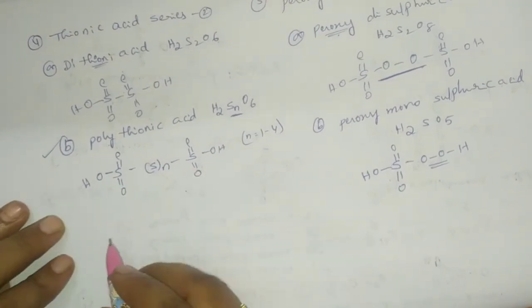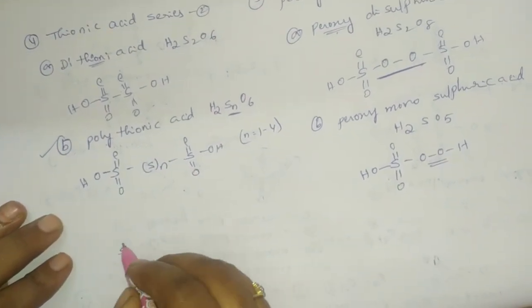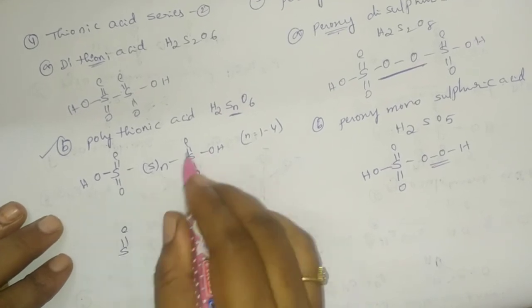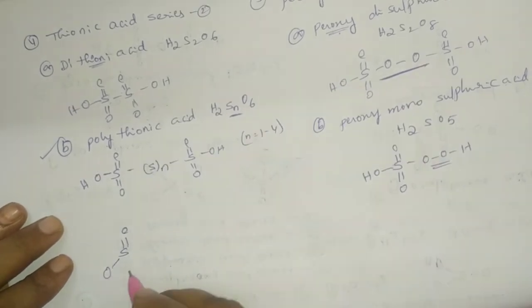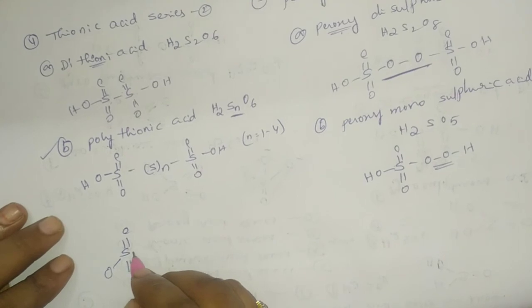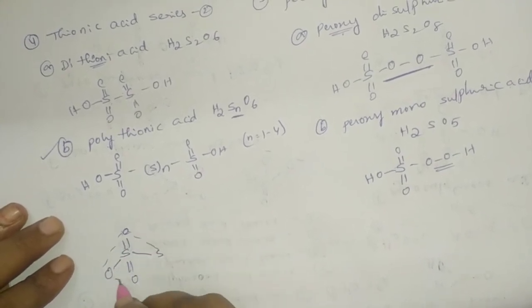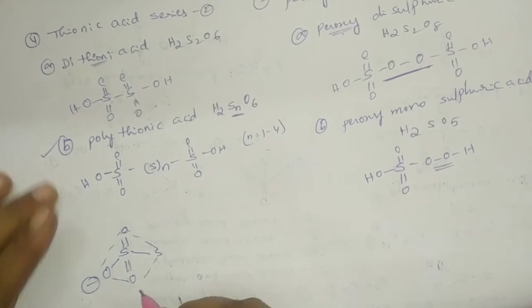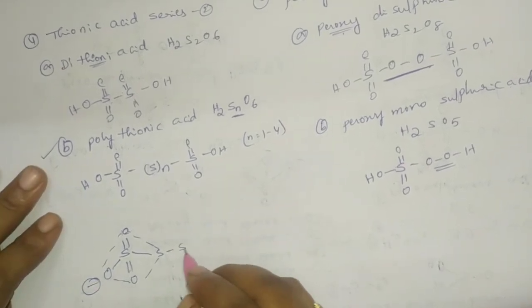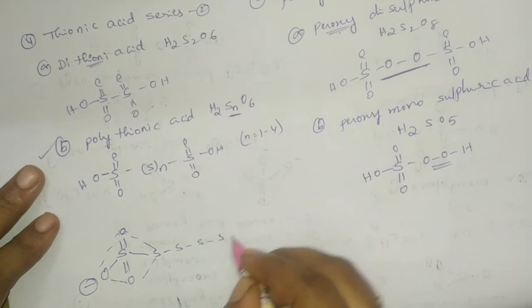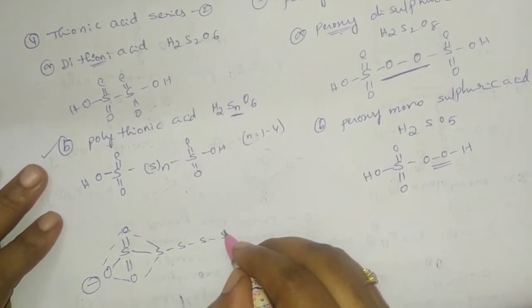So what is the geometry of this thing? S always forms 6 bonds here. Imaginary lines. Here loss of H plus. Here how many S's are we taking? Up to 4. Middle.